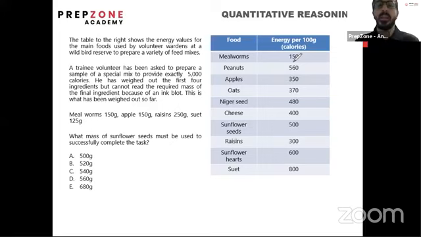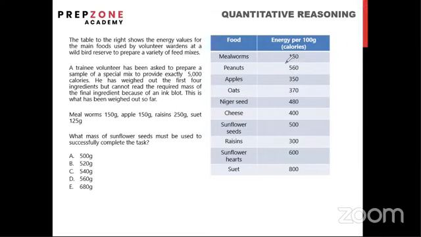Based on the weight of the 4 ingredients, you have to figure out how many calories those are. Then subtract that from the 5,000 calories required. Then figure out how many grams of sunflower seeds is required. It is all a very simple calculation.